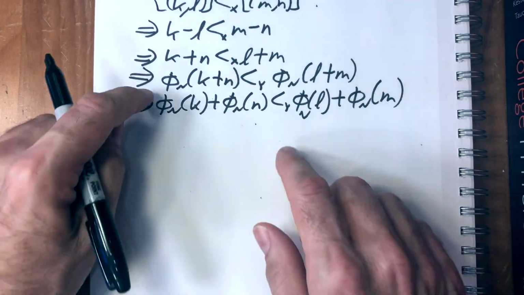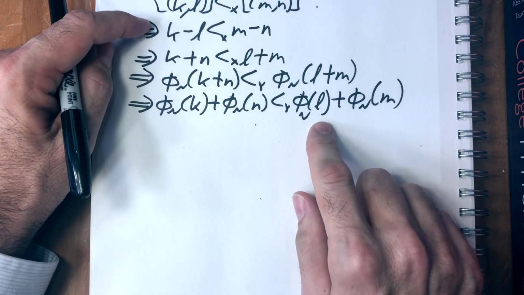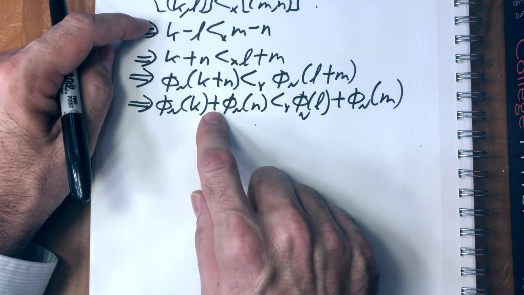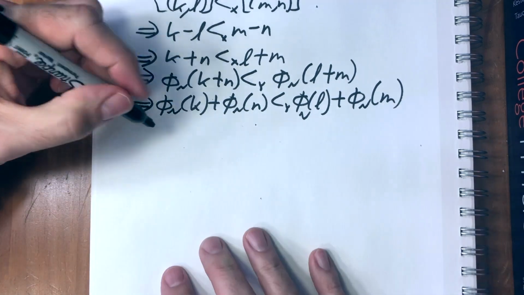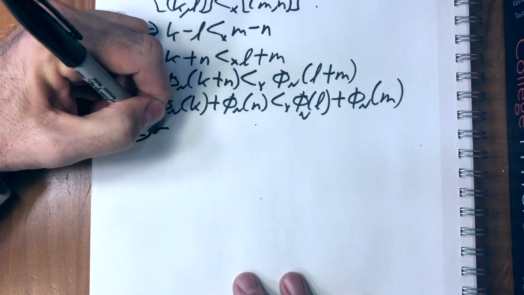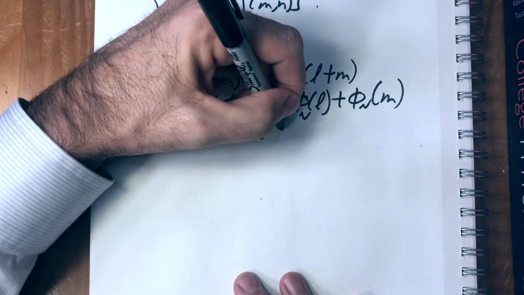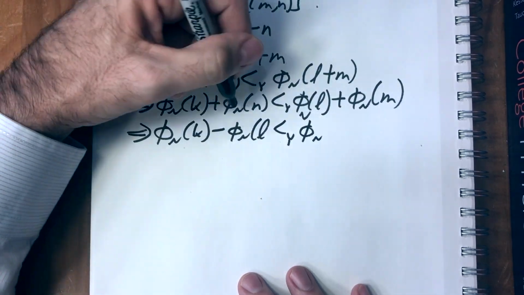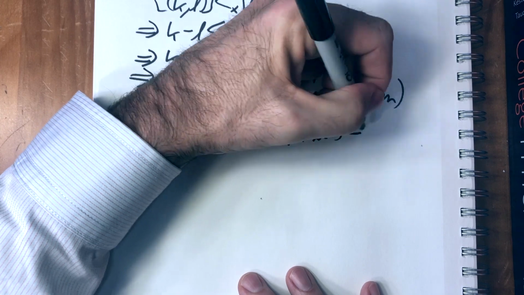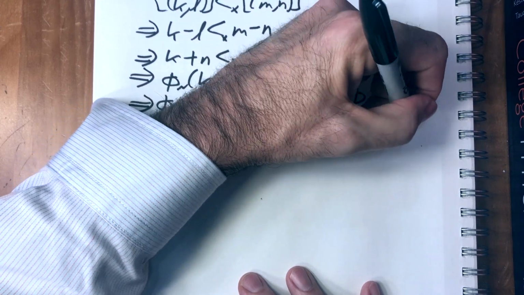Now we can rearrange them once again the way we just did. So we can, preserving the order, subtract L from both sides, subtract N from both sides, and we get that phi n of k minus phi n of L is less than phi n of M minus phi n of n.